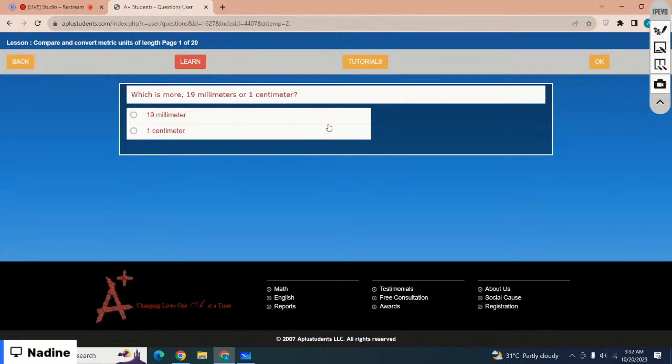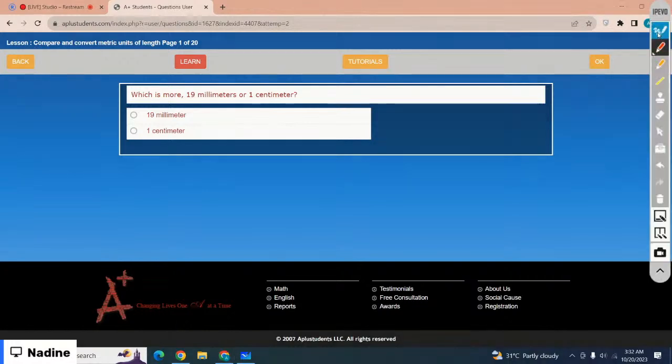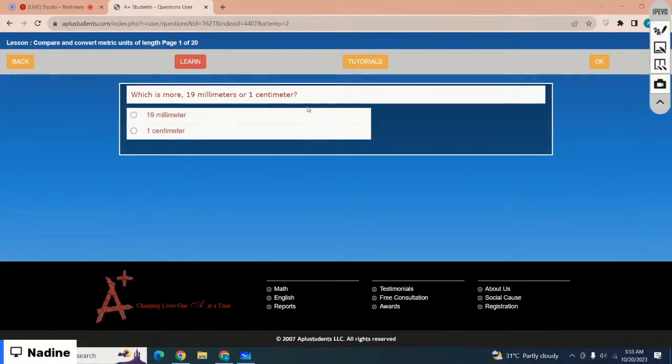In 1 centimeter you have just 10 millimeters, right? 1 centimeter equals 10 millimeters, right? So 19 millimeters is more than 10 millimeters. Option number one is the correct option.